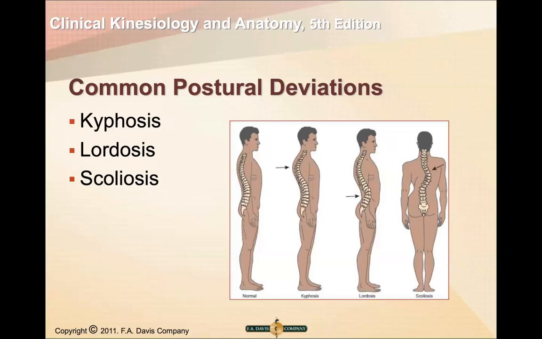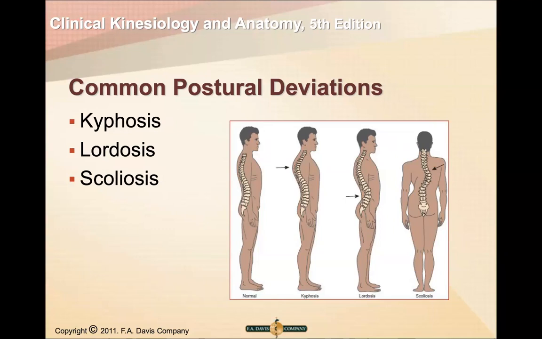Okay. Now, almost the opposite of that is if somebody has increased lordosis of their lower spine. That would be where the spine is curving in. I would say the most common example of somebody having increased lordosis are pregnant women.